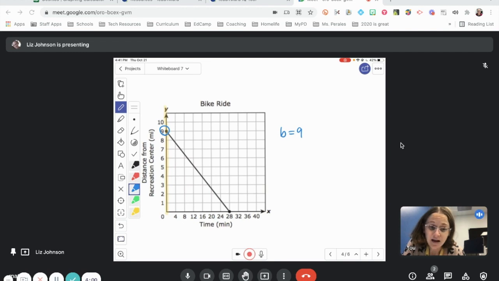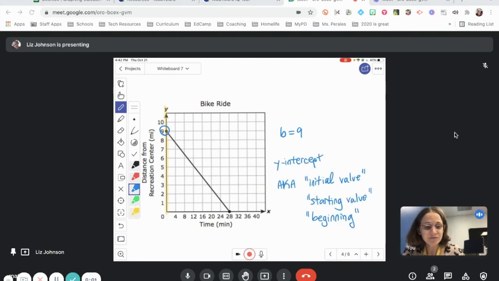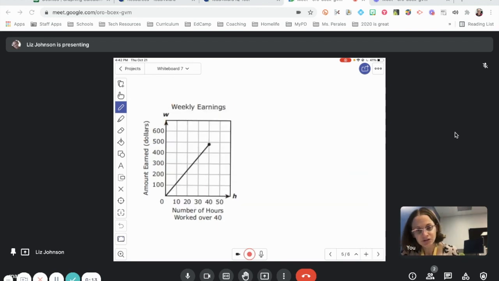In fact, a lot of the time, your y-intercept will be your initial value or your starting value. So here's some different ways to think about it. The initial value, the starting value, the beginning value. A lot of the time in a real world context, the y-intercept is just telling us where we started.